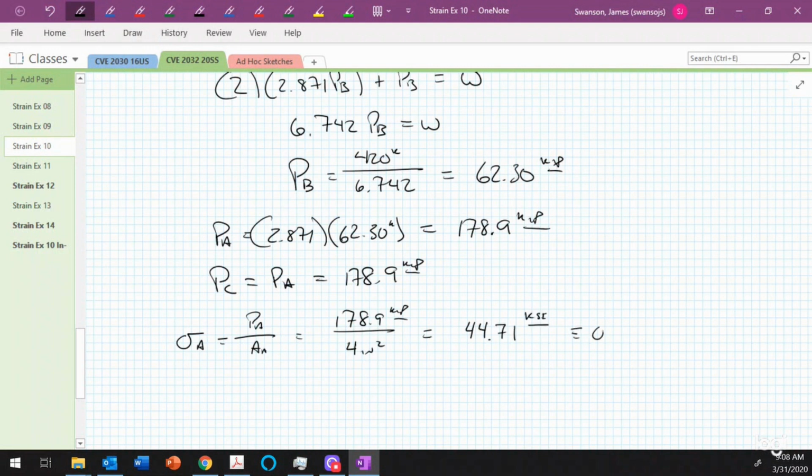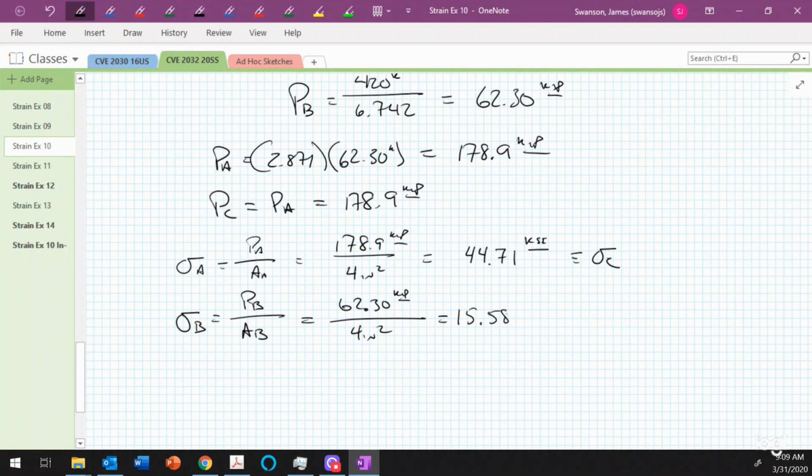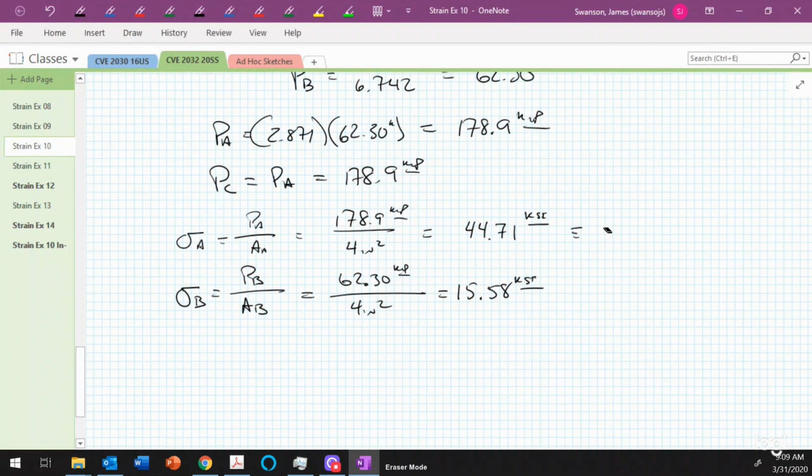That's also equal to sigma C. And then we can finally write that sigma B is equal to P sub B divided by the area A sub B. That's equal to 62.30 kips divided by 4 inches squared. 62.3 divided by 4 gives me 15.58 KSI. So let me erase that for a second, go over here and write it in here. So sigma C is also equal to that.